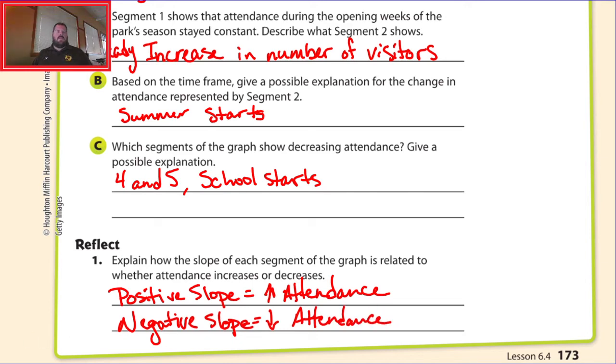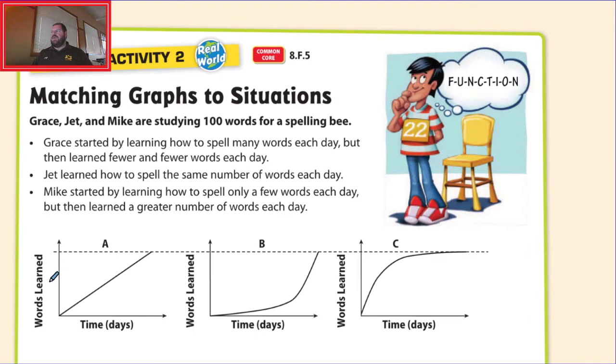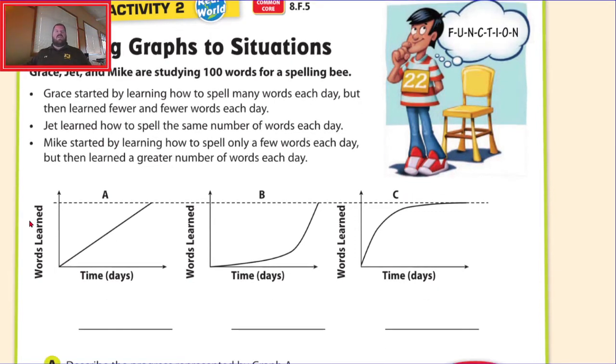Okay. Let's move to the next page, see what we've got going on here. So now we want to look at more of these graphs. And again, these are called qualitative graphs in that they don't give us any kind of numbers. We're just looking for qualities that these graphs have, characteristics that they show. It says here that Grace, Jet, and Mike are studying 100 words for a spelling bee.